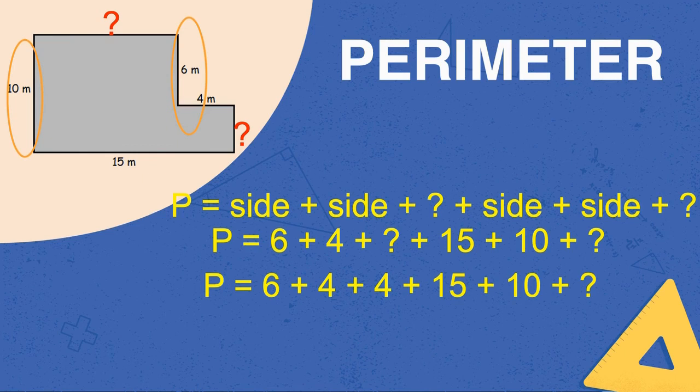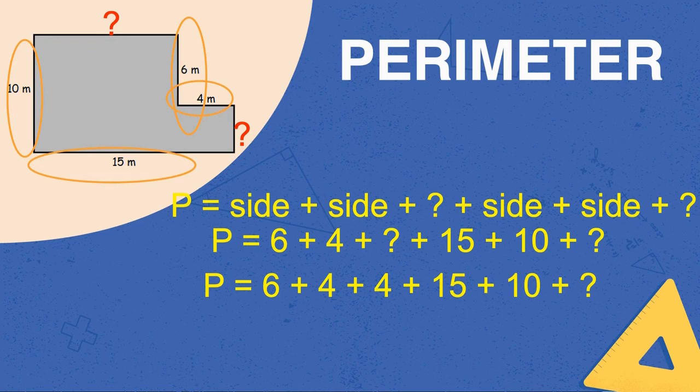Now it's time to figure out the length of my second unknown side. To do that, I identify the sides that are parallel to it. Which sides are parallel to the second unknown side? If you said 15 meters and 4 meters, you are correct. Now we need to subtract.